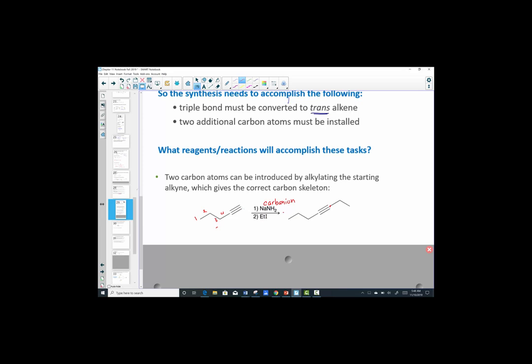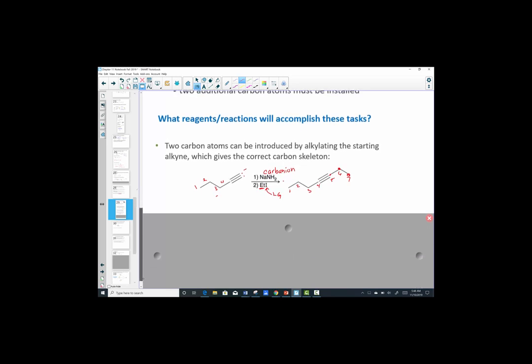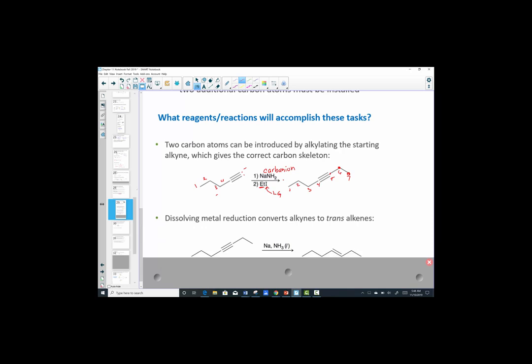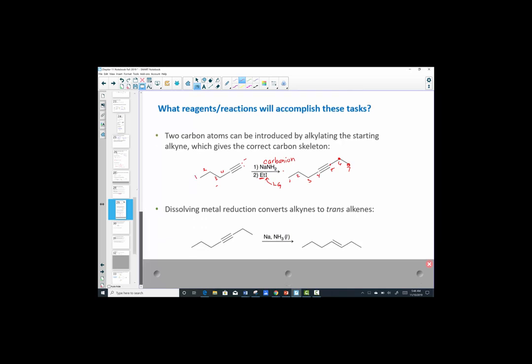And then in the second step, we're going to add 2 carbons, using an iodine as the leaving group. So a 2-step process creates the carbon skeleton that we need. We've got a 7-carbon chain with a triple bond now between carbon 4 and 5. So we've accomplished the first task. We've added 2 carbons on through an alkylation process using a terminal alkyne.